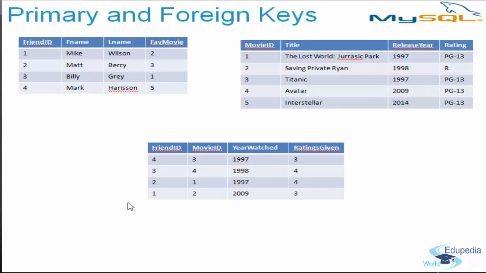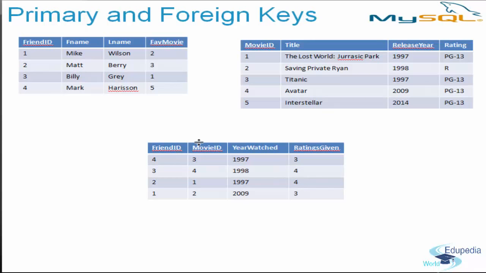Now suppose we have another table that has the keys from both tables. In this case, the combination of these keys, friend ID and movie ID, becomes the primary key for this third table. But at the same time, friend ID and movie ID individually are foreign keys. Their combination is the primary key for the third table.